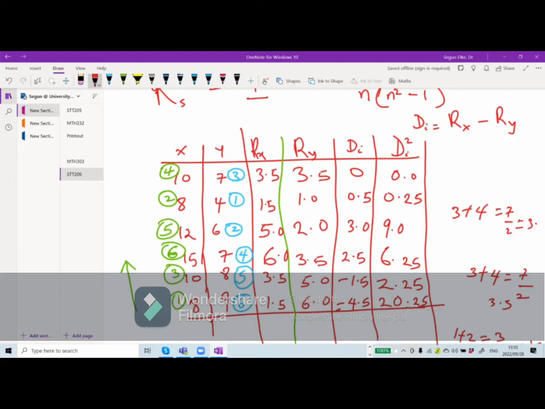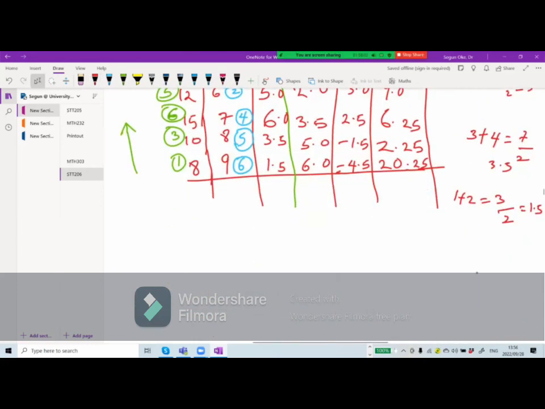You don't need to type 0 again. 29.9. 38. Madam, please check. Oh, it's 38. Okay. The formula says RX.